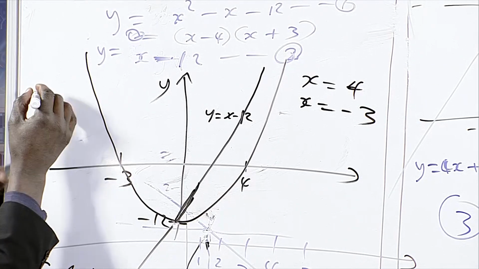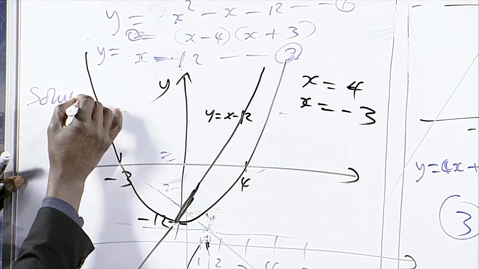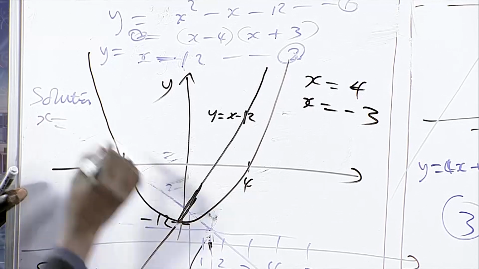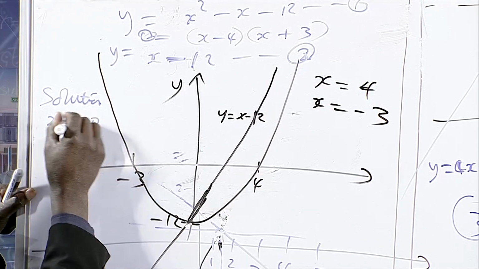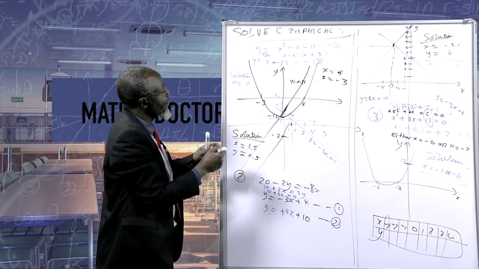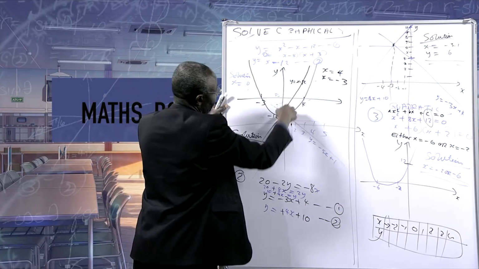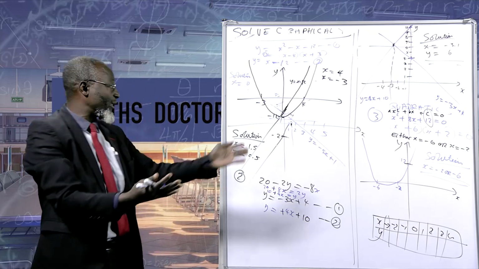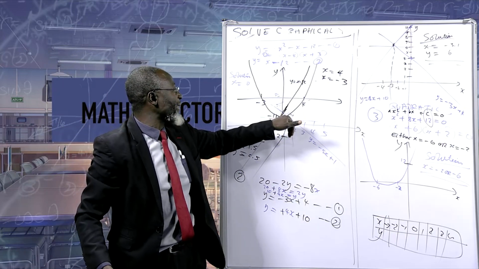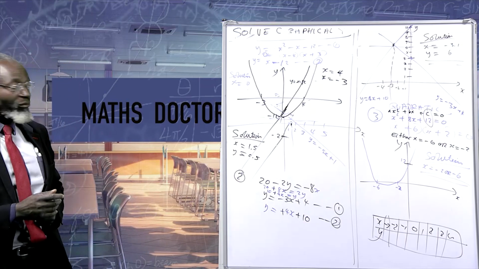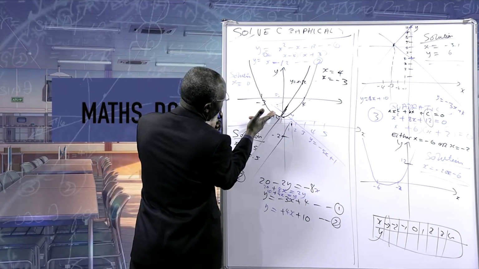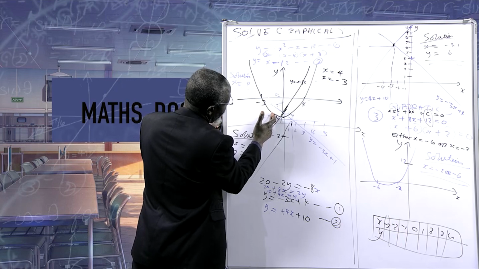So the solution will be x equal to 0 in this particular case. That is where the two lines are actually meeting, at x equal to 0 down there. If it was cutting somewhere else, I would say x will now be equal to that.